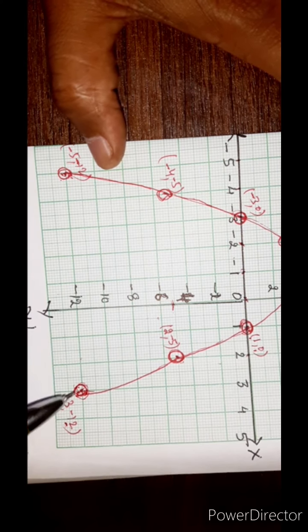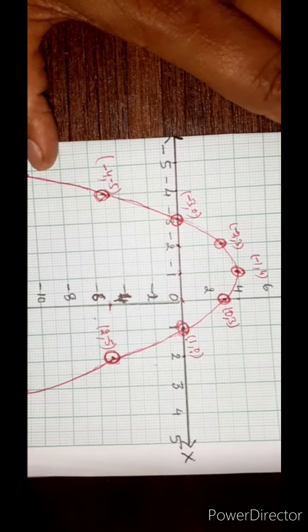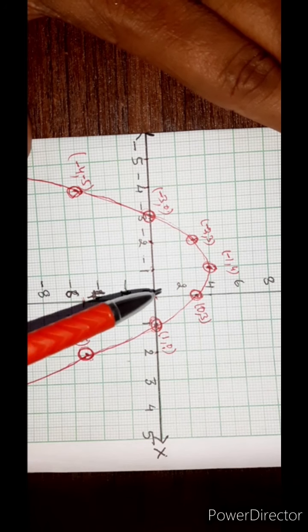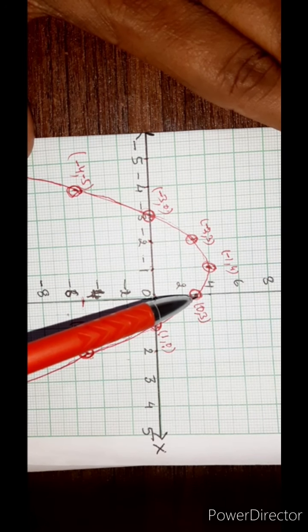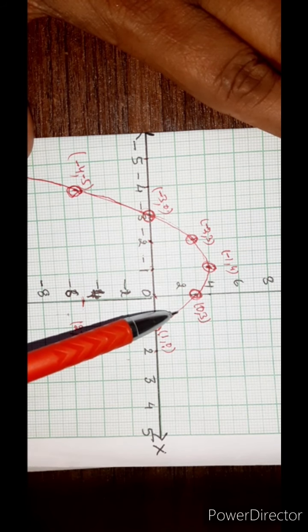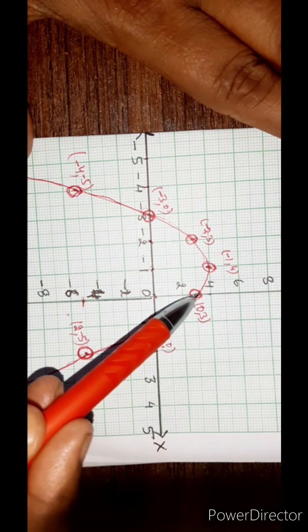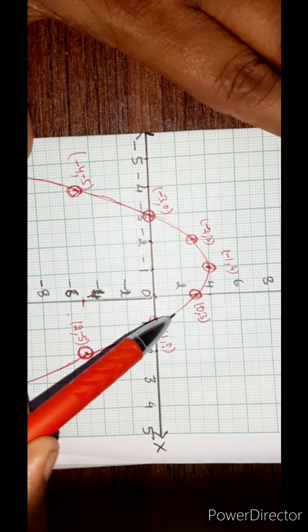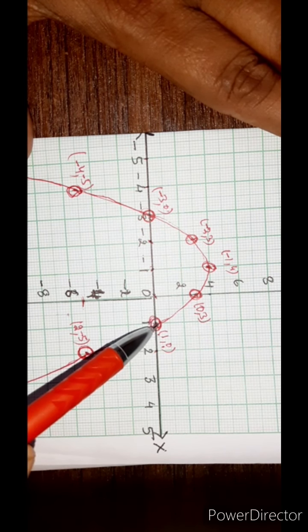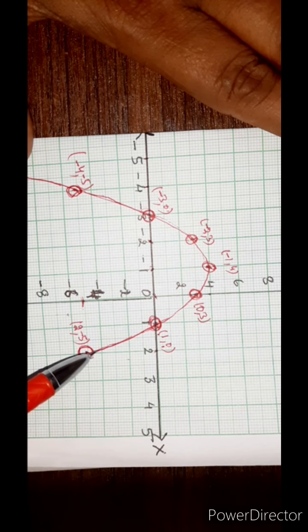Now join the points one by one. First point starting from here, so join like this each and every point with a free hand curved line.